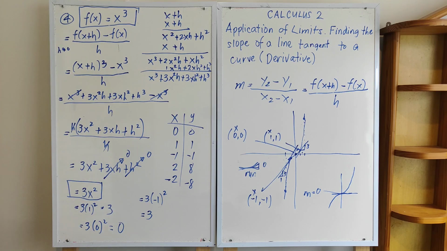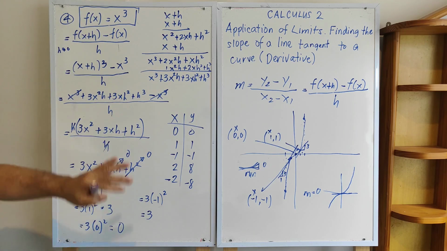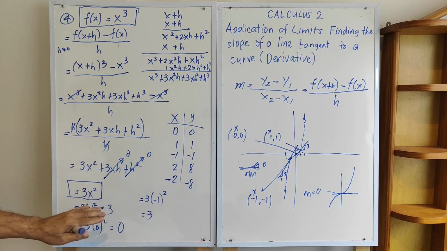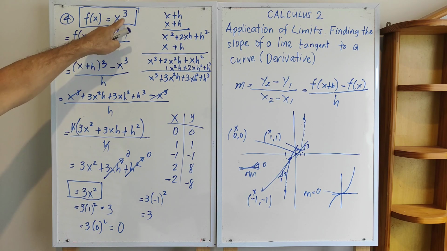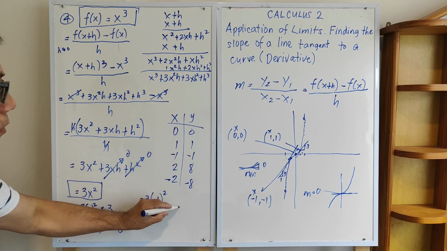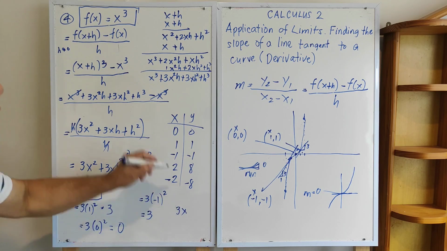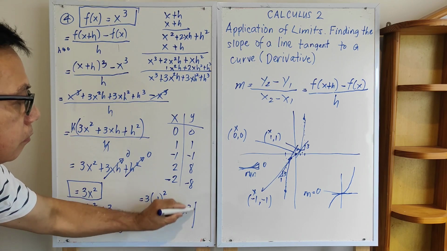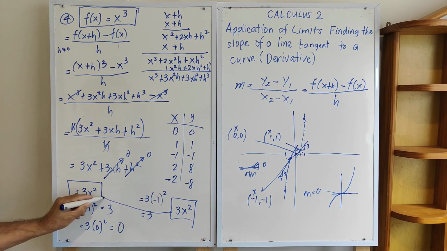I would like to explain it this way first. So 3 goes to the front of x, and then you subtract 1 from 3, which becomes 2. So this is your general slope.